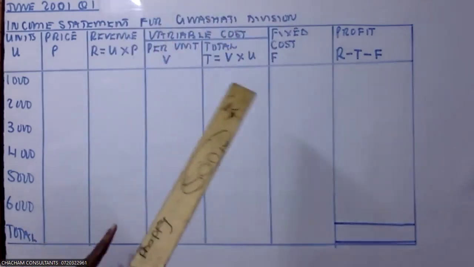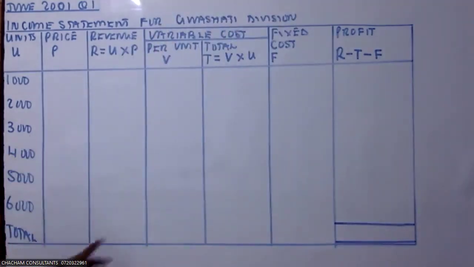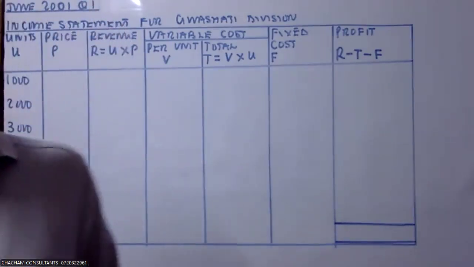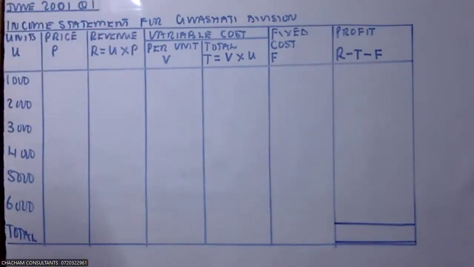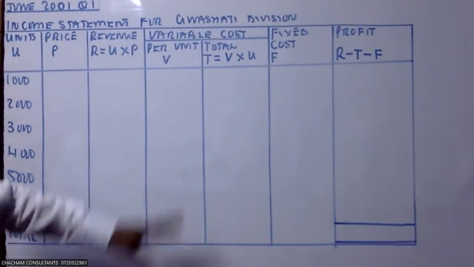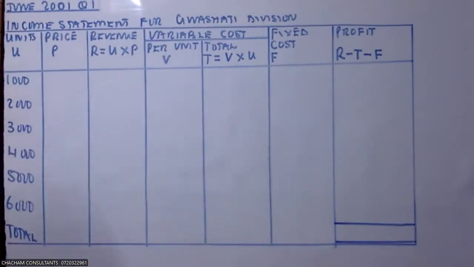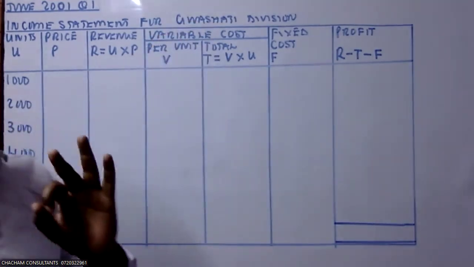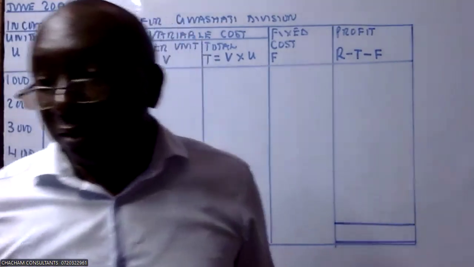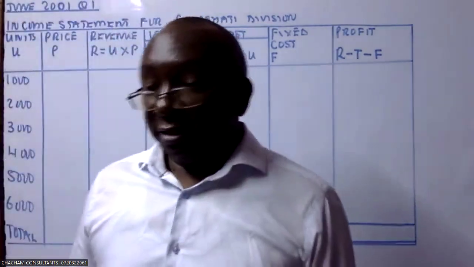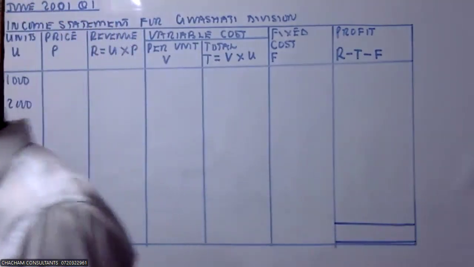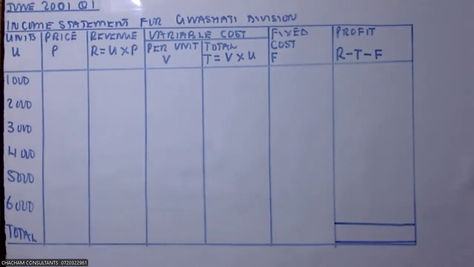Another table, the same design, including the units. Actually, you draw three tables. Kimaliza hii, draw another one. The other one now you will call it company. So the 3 should have 3 tables. So let me give you like 5 minutes or 4. Kimaliza zote 3, andike word yes.